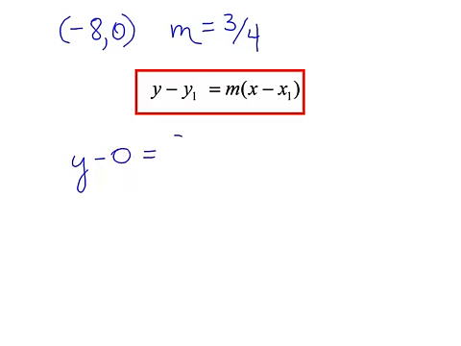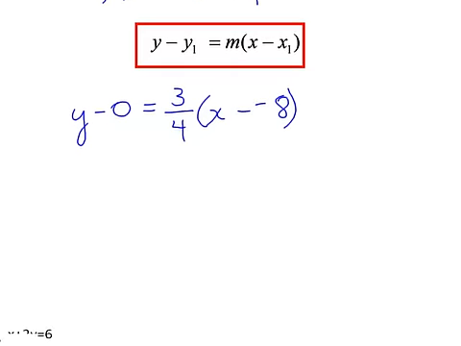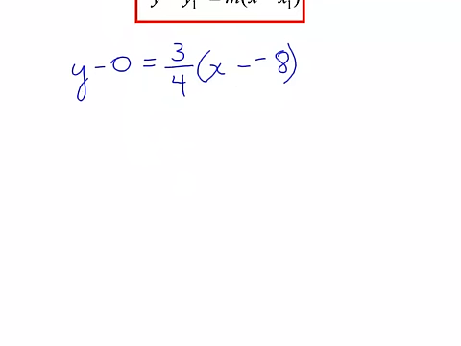That is equal to the slope times x minus the x from your point, which happens to be a negative 8. So be careful here because a minus and a negative become a positive. And y minus 0 is just y. And that'd be y is equal to 3/4 times, and that would be x plus 8.